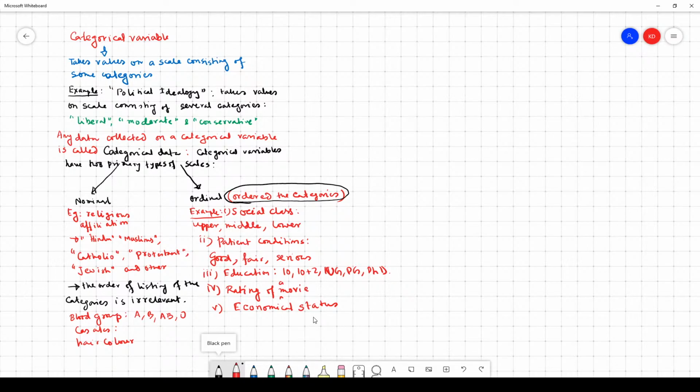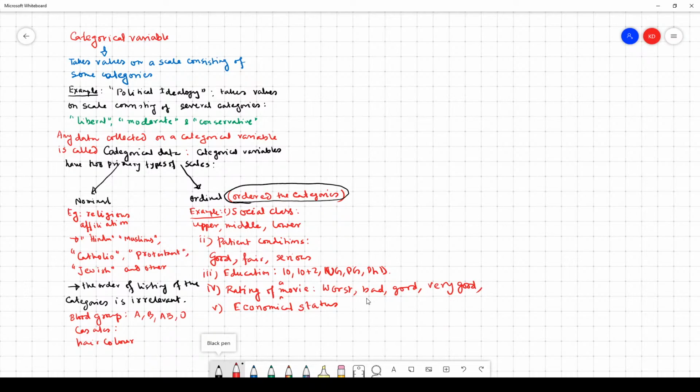For the rating of movies, you can define different categories: worst, bad, good, very good, excellent.